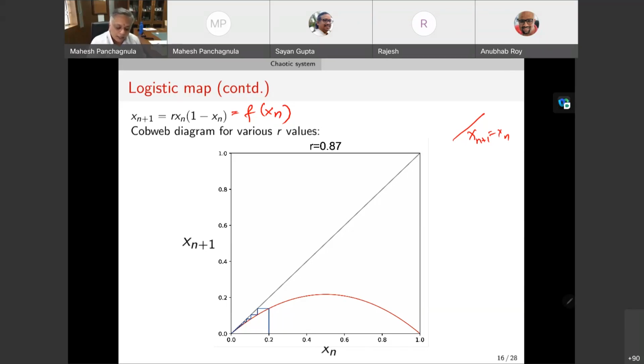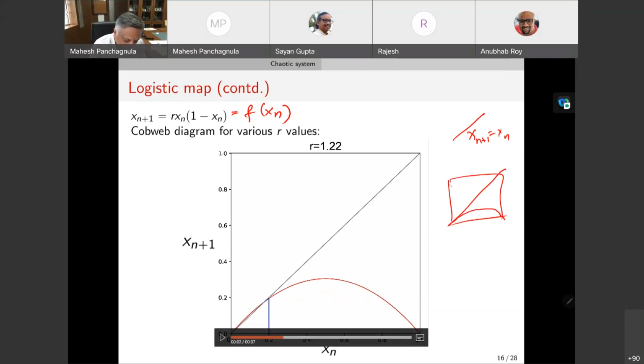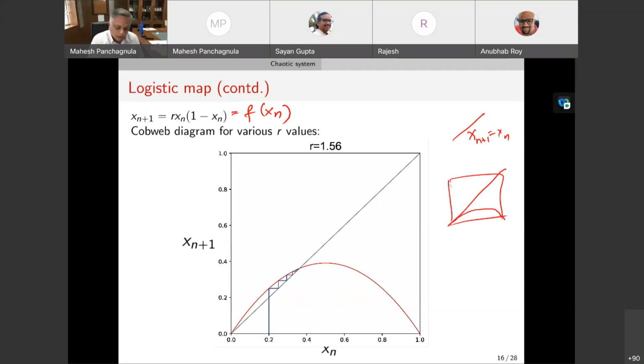So as long as this parabola is not tangential to the 45-degree line, the solution at x equal to 0 is attracting. If I go beyond that, let's say to that point, you'll see that now there is another solution.